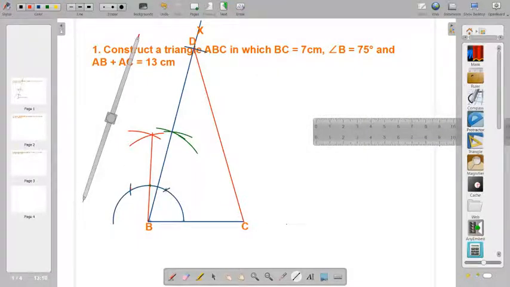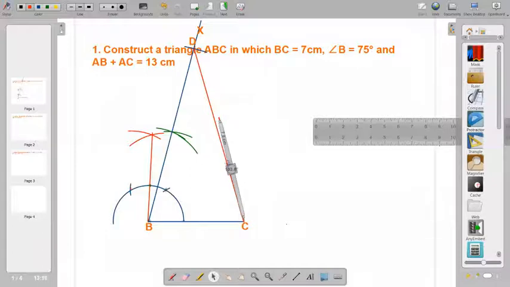Now, children, you need to draw the perpendicular bisector of CD. How to draw the perpendicular bisector of any side of the triangle? By taking more than half. So same case here also, C as center first.